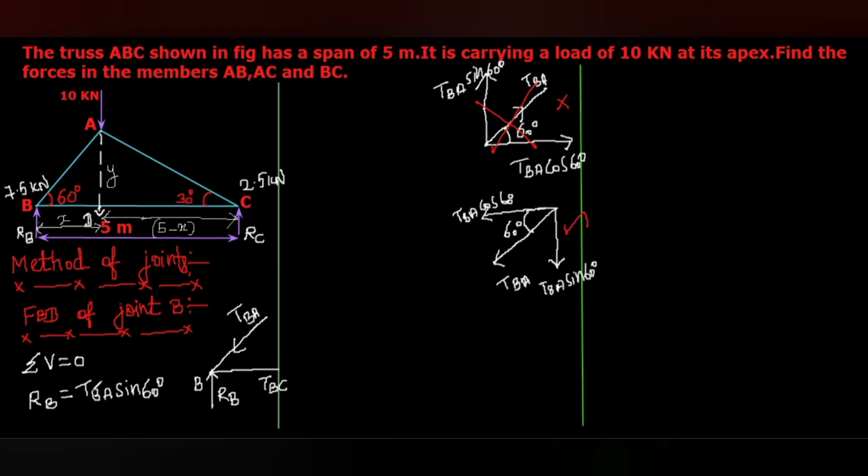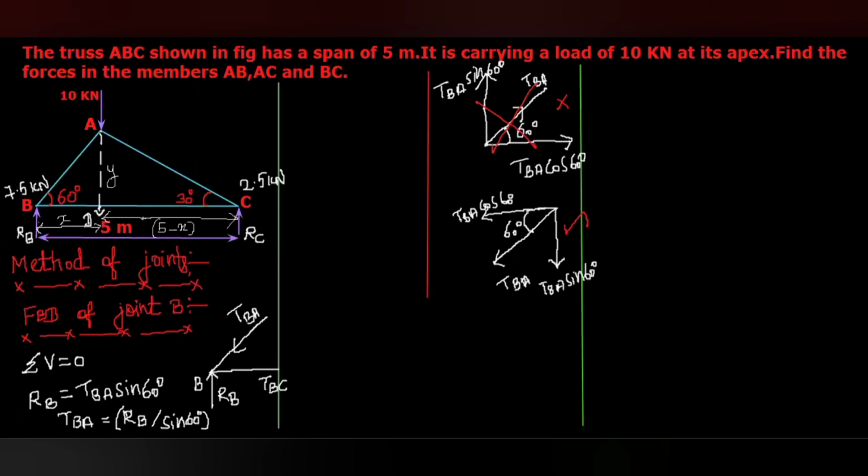So from this we can calculate TBA, that equals RB divided by sin 60 degree. We know the value of RB and then sin 60. So we can get TBA.